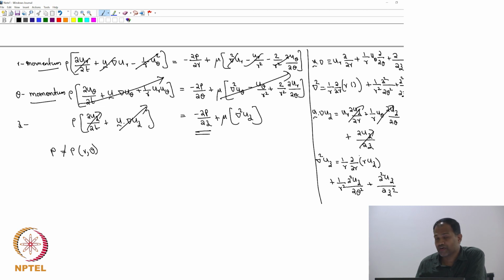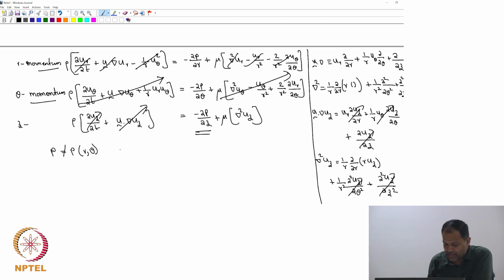How about the first term? It's non-zero. How about 1/r square ∂²uz/∂theta square? It's 0, and ∂²uz/∂z square is 0. So it's only that term that's left out.